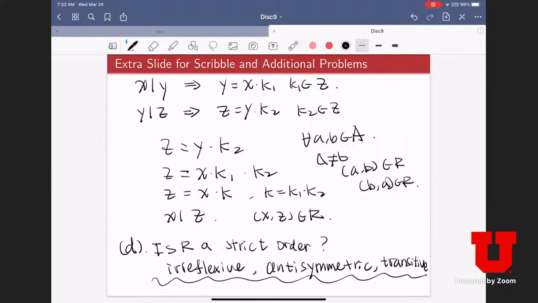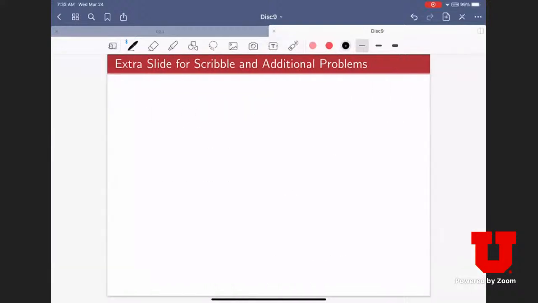All right, so the next one is, is R a partial order or a total order? So what do you guys think?